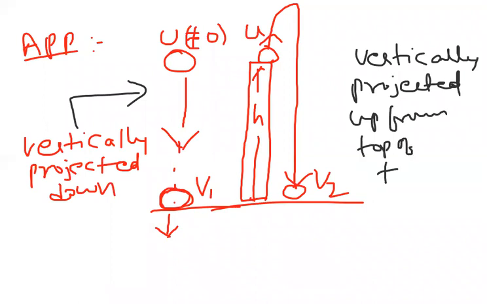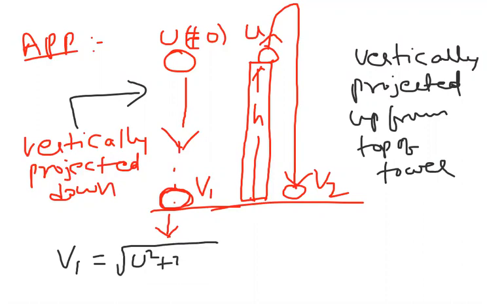In both the situations, if you observe the velocity, here v1 is equal to square root of u square plus 2gh. Here also we observe that v2 is equal to square root of u square plus 2gh.